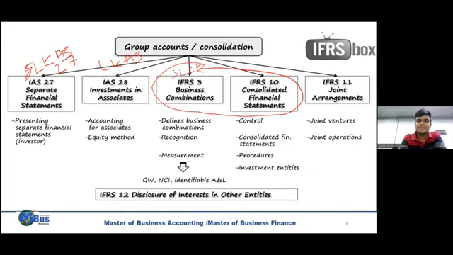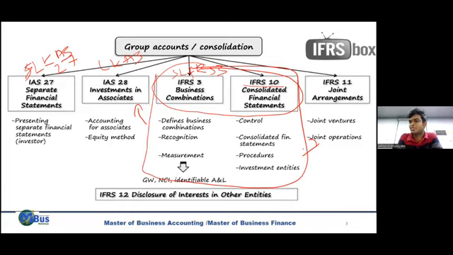SLFRS 3, or IFRS 3 in the international version, is business combinations, and SLFRS 10, or IFRS 10, is consolidated financial statements. So we are starting from this standard and moving towards the next standards. We also have IFRS 11 or SLFRS 11, joint arrangements. We will talk about that in the latter part, in the last lecture, where I will discuss joint ventures and joint operations.